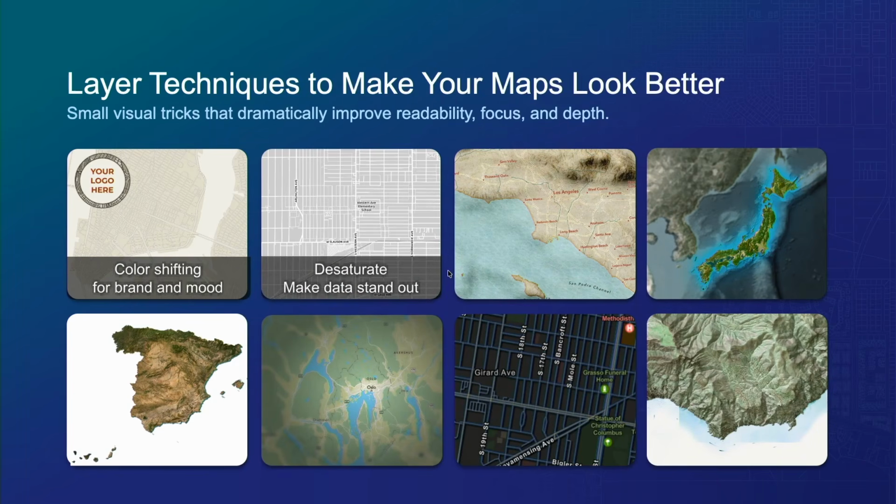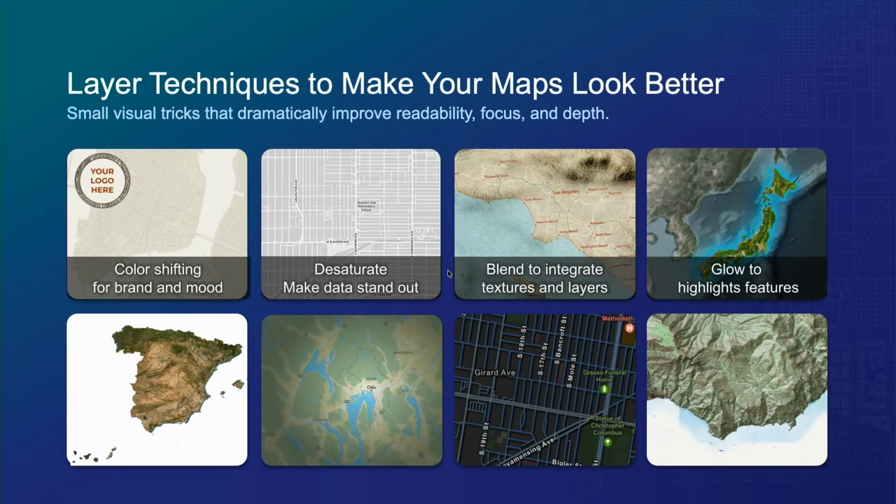Then, of course, desaturating any base map will help a lot to make the data stand out on top of it. Then with the blending effects, especially taking things like textures and hill shades, will also help us incredibly to make the base map look very different. And we are going to see that in a couple of examples now.